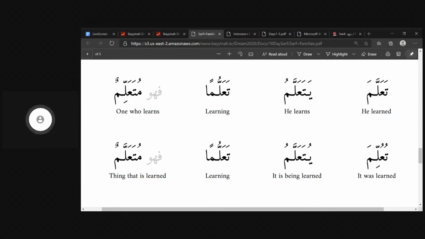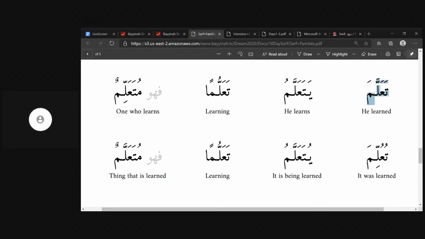Each family has something unique about it. Aslama had the hamza, Allama had the shadda, Jahada had the alif. What's unique about the ta'allama family is ta and shadda.